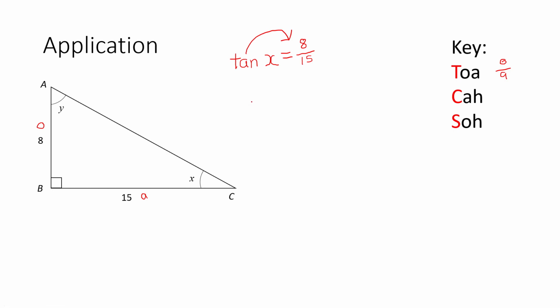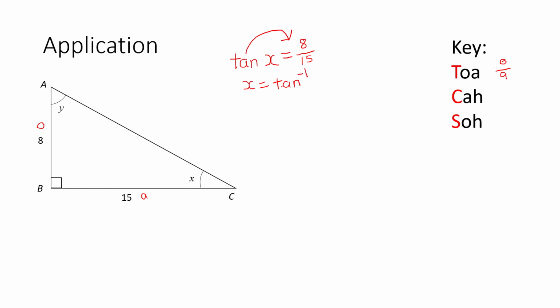But every time when we move something over the equal sign, we must change it to the opposite. So what is opposite of tangent? So we write X is equals to, because we have moved the tangent over, it will change to tangent inverse.